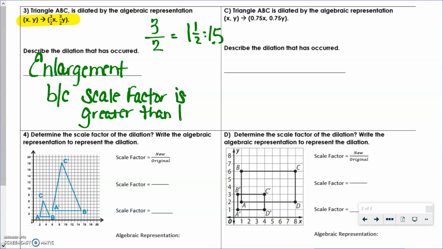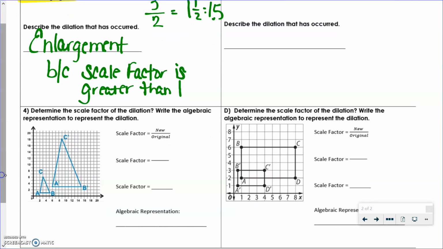All right, now let's take a look at number 4. It says determine the scale factor of the dilation. Write the algebraic representation to represent the dilation. So I have triangle ABC and I have triangle A prime, B prime, C prime.